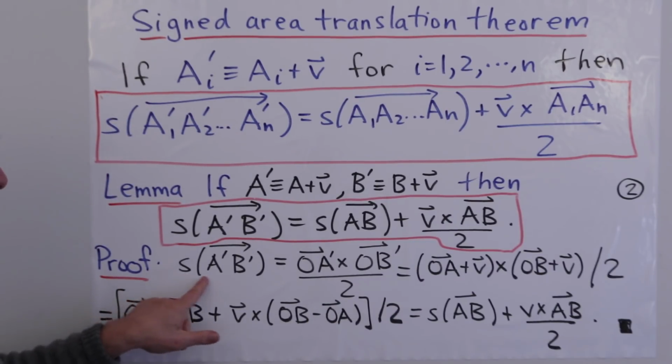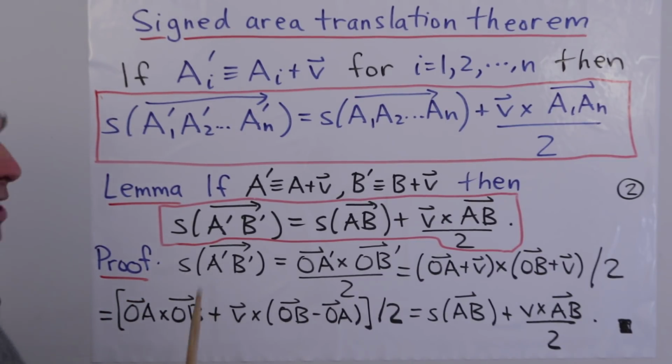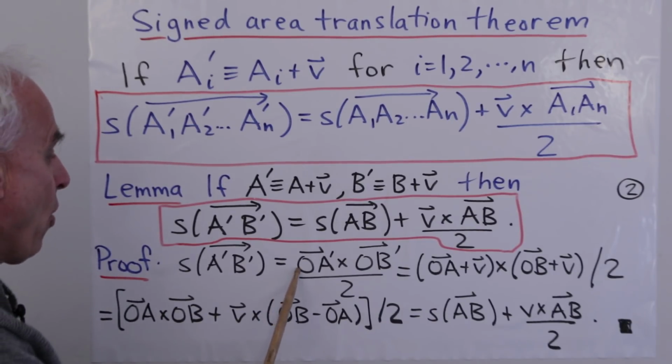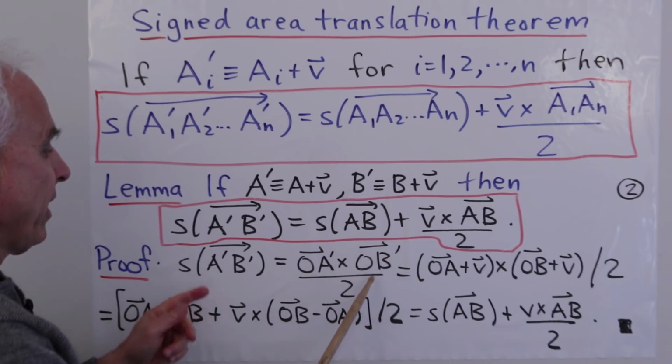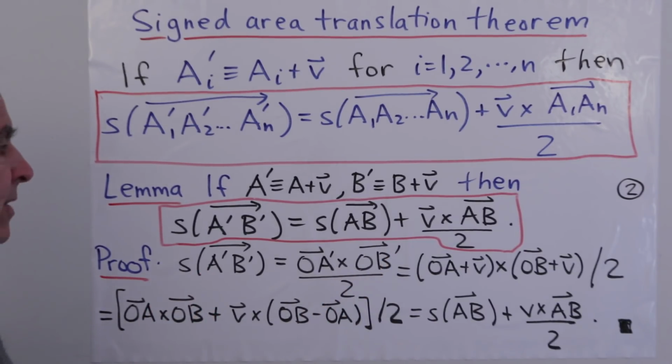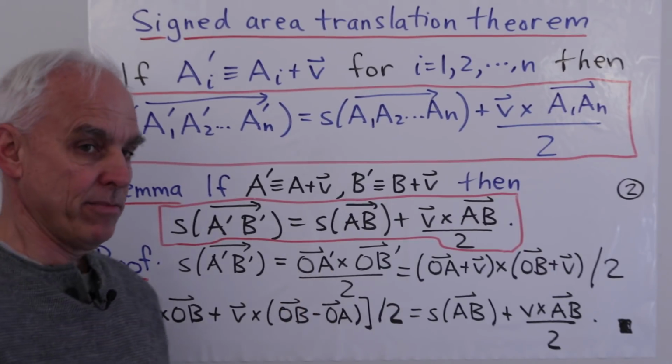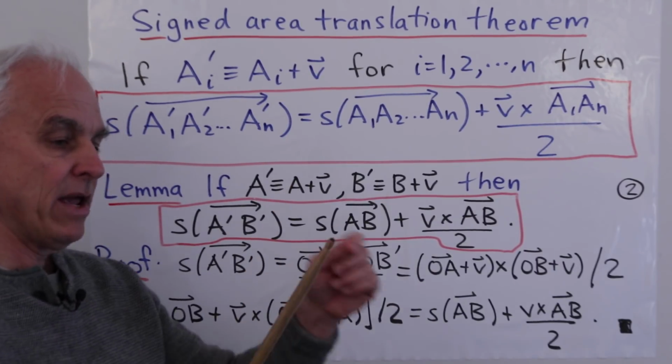Okay, proof. So what is the signed area of A prime B prime? Well, we have to take OA prime cross OB prime and divide it by 2. Well, what is OA prime? The vector from O to A prime.